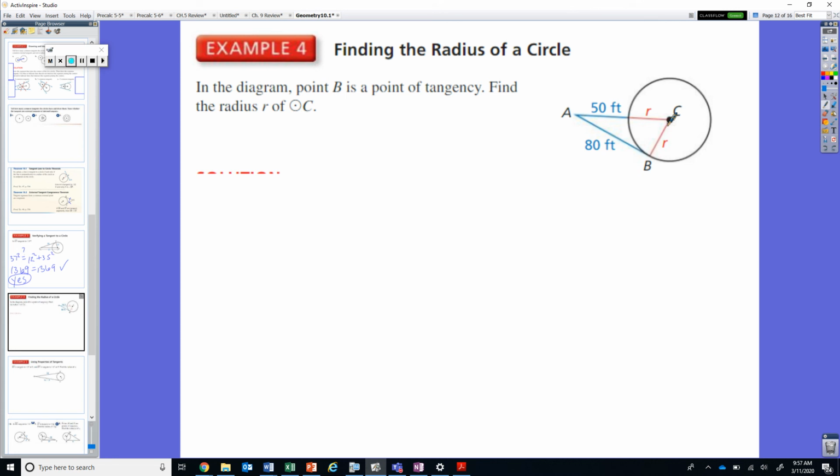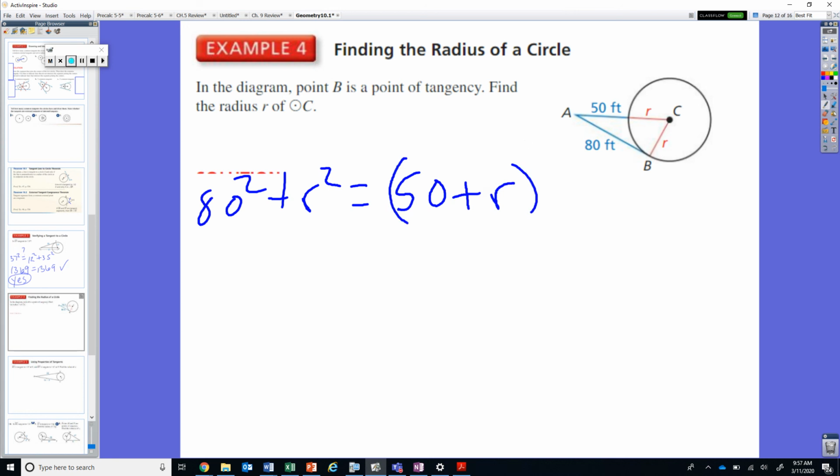So we have that 80 squared plus R squared is going to equal 50 plus R quantity squared. The entire hypotenuse is 50 plus R. Be careful, it's not just 50.